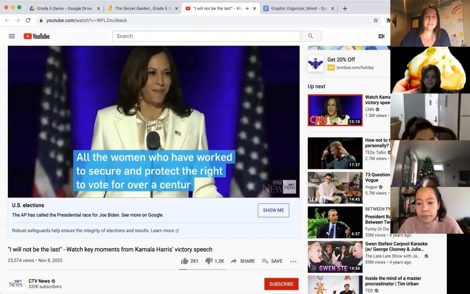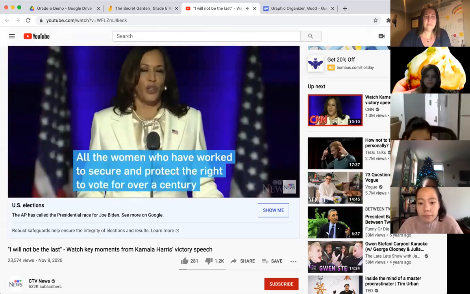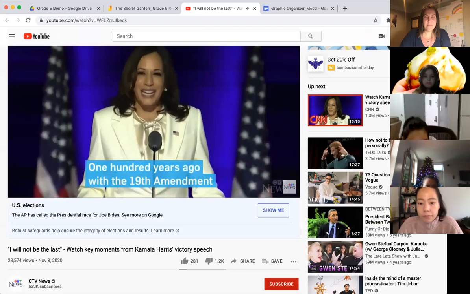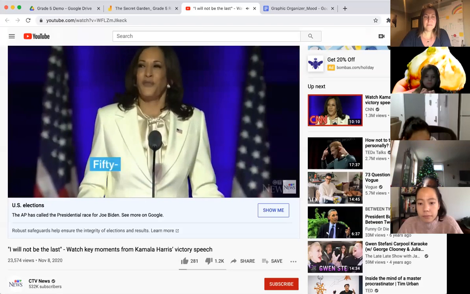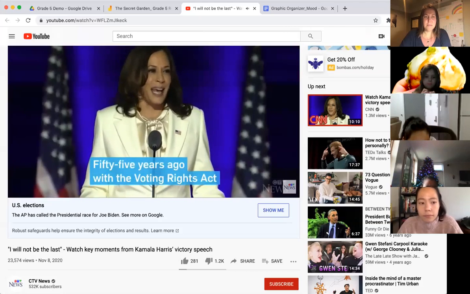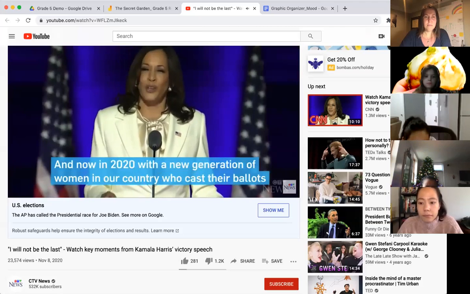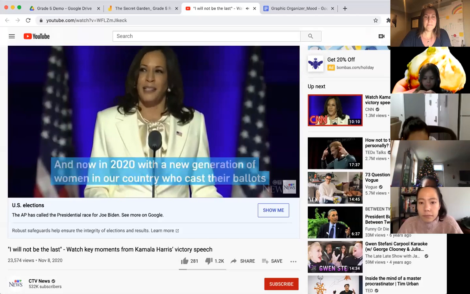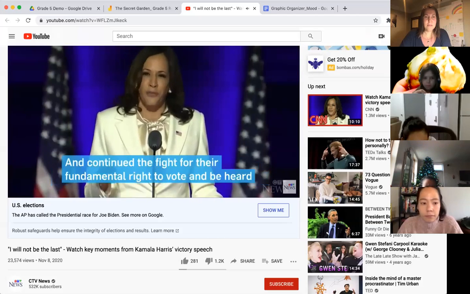All the women who have worked to secure and protect the right to vote for over a century, 100 years ago with the 19th Amendment, 55 years ago with the Voting Rights Act, and now in 2020 with a new generation of women in our country who cast their ballots and continue to fight for their fundamental right to vote and be heard.